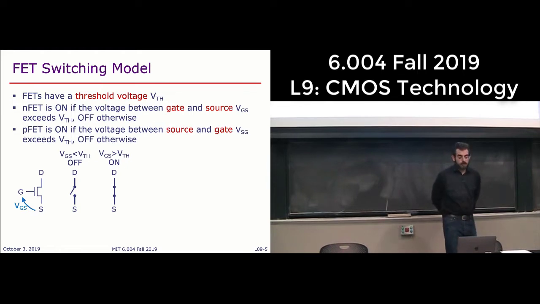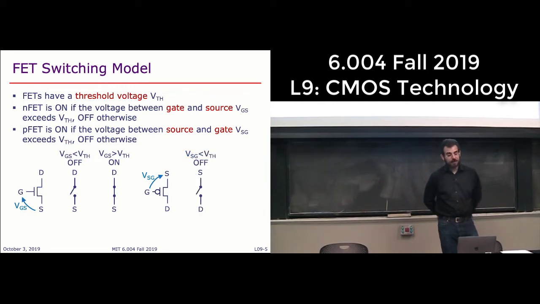Same thing for PFETs, or basically a complementary definition for PFETs. If the voltage difference between the source and gate terminals, which we call VSG, the voltage from the gate to the source, is larger than the threshold, then the PFET is on, otherwise it is off.